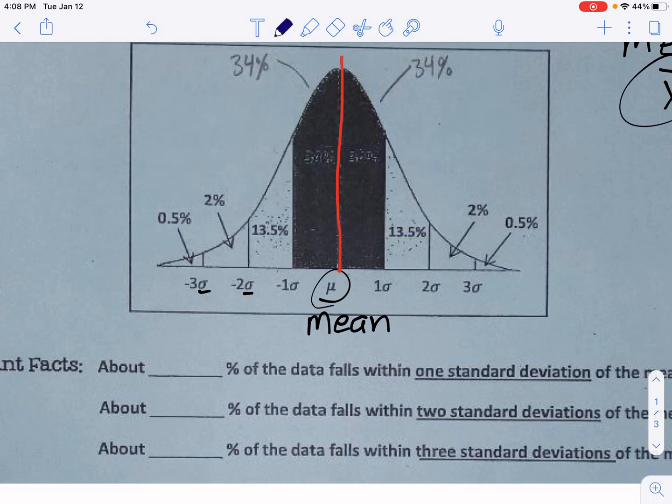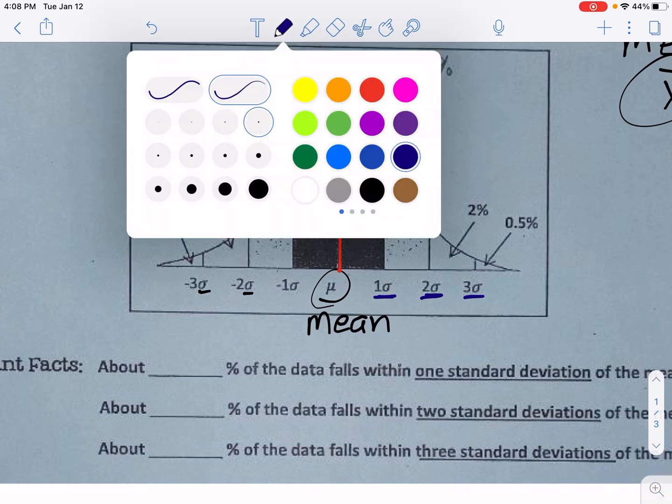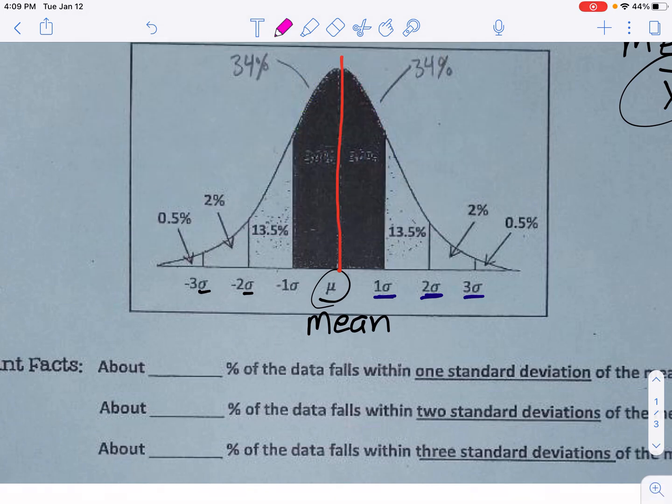This would represent 1 standard deviation away from the mean, 2 standard deviations away, 3 standard deviations away, in the positive direction. If we go the other way, this is also 1 standard deviation away from the mean, but in the negative direction, then 2 standard deviations away, and 3 standard deviations away. What that allows us to see is how the data is spread out.